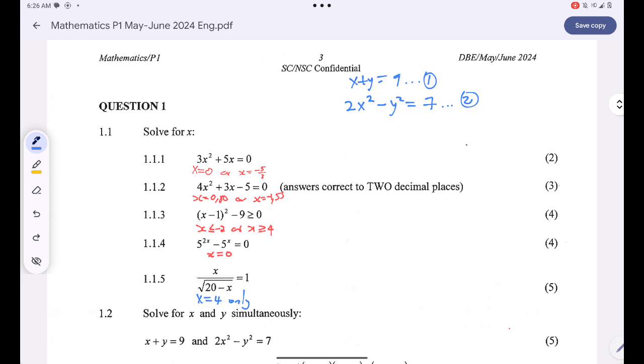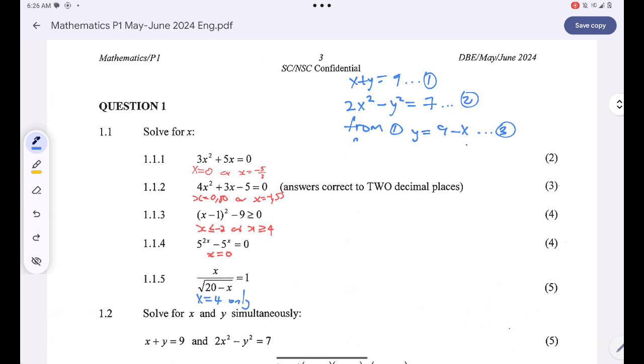We can simply say that from equation 1, y is equal to 9 minus x. By doing this, we are forming equation 3. Since we used equation 1 to form equation 3, we cannot substitute equation 3 in equation 1, because we derived equation 3 from equation 1.